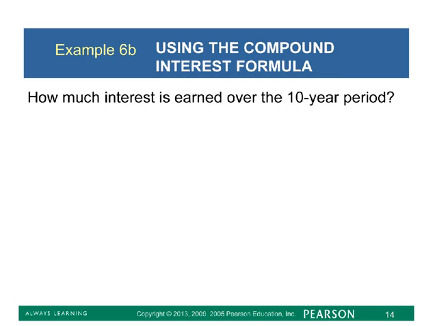Then in this problem, it asks us how much interest is earned over the 10-year period. Well, what we do in this case is take the amount that we accrued after 10 years, the 4,015.28, and subtract our initial amount from it, so the 2,500.